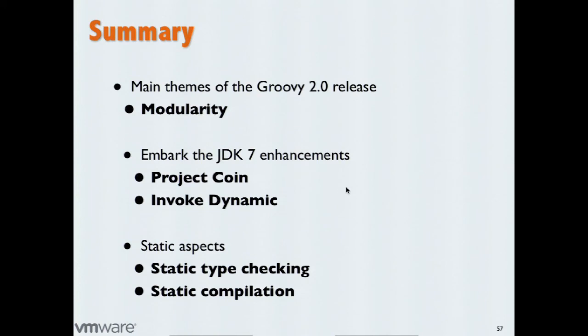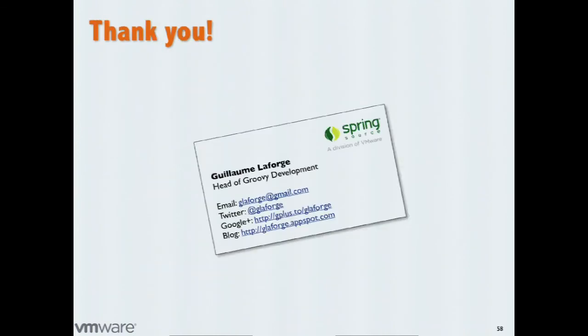You can benefit from performance improvement when you run on JDK 7. And we also added a static theme with static type checking and static compilation for Groovy. That's it. Thanks a lot for your attention, and I'm happy to answer some questions.